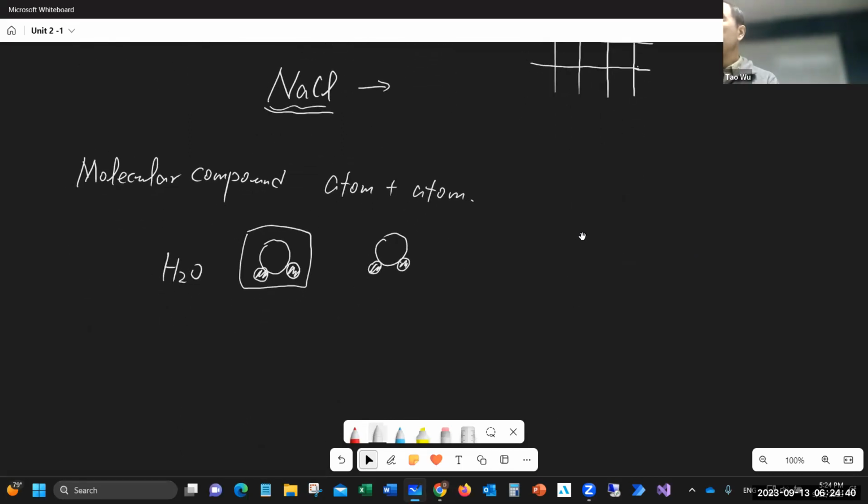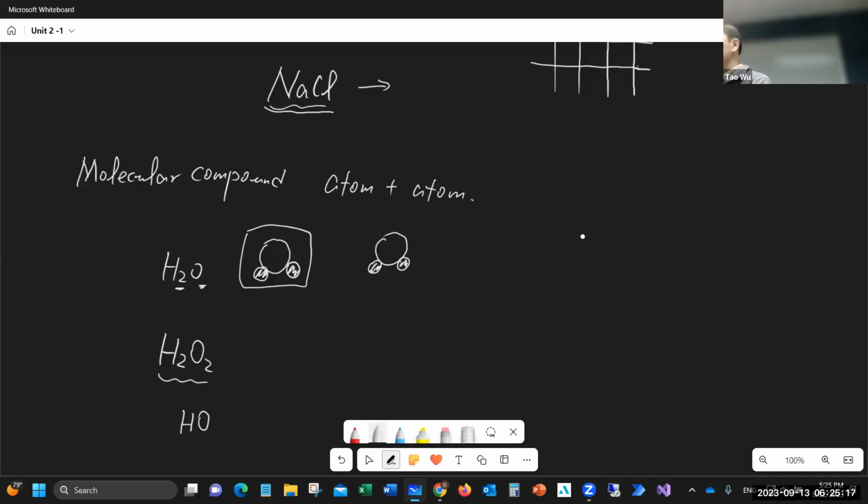So if you're talking about a molecular compound, the numbers shown under the hydrogen or oxygen are exactly how many atoms are inside the molecule. For example, everyone probably knows H2O2, hydrogen peroxide. You're not going to write the formula as HO.